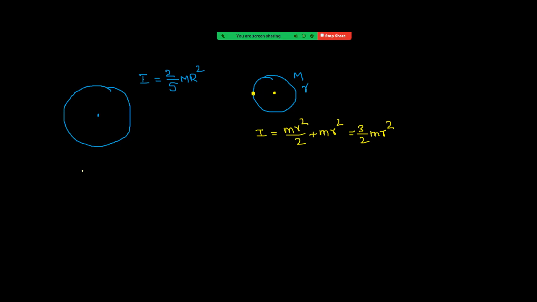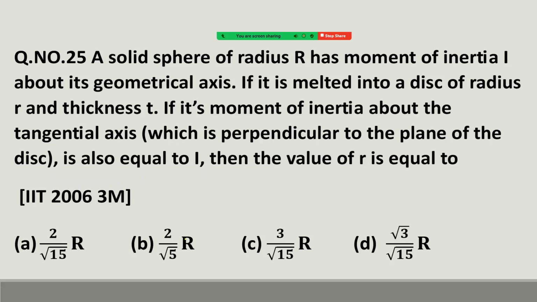So equate them: 2 by 5 MR square equals 3 by 2 Mr square. Mass cancelled. 2 times 2 is 4, and this is 15. So r equals 2 upon root 15 times R. It is just a matter of writing the given condition, and then we get the answer. It is a very simple question asked for 3 marks.